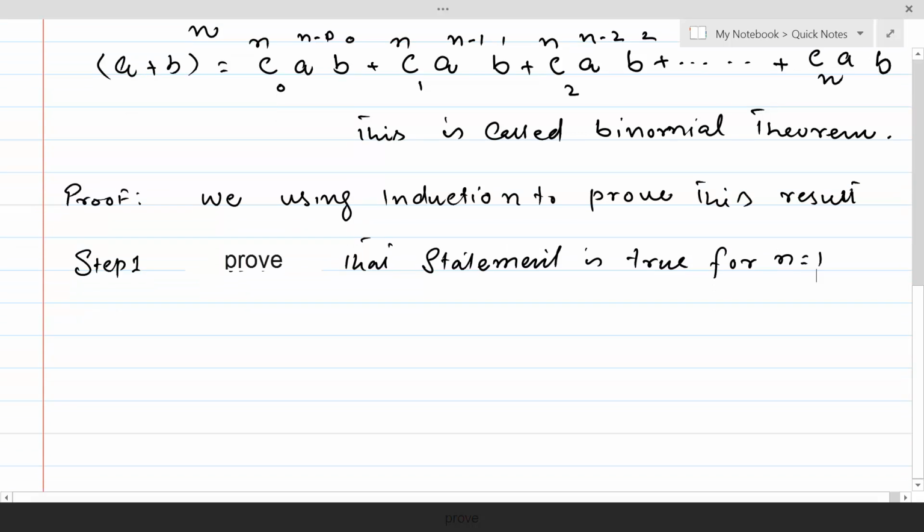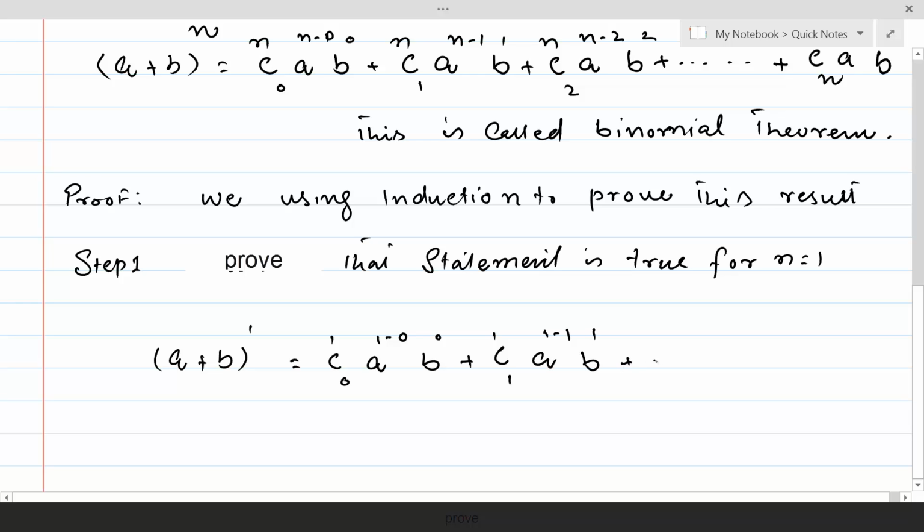If this is true for n is equal to 1, then (a plus b) power 1 must be equal to 1C0 a power 1 minus 0, b power 0, plus 1C1 a power 1 minus 1, b power 1.